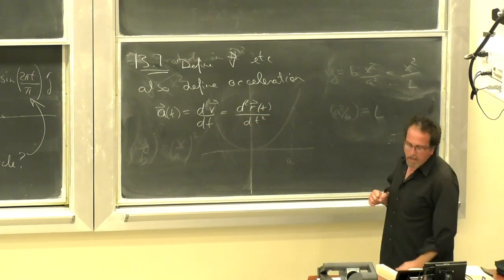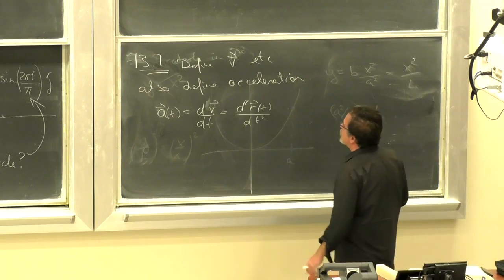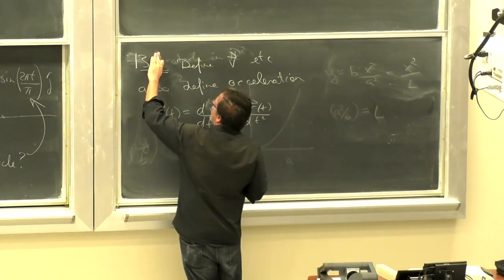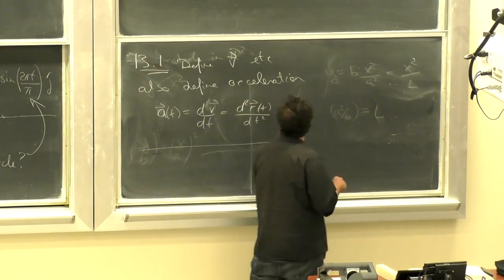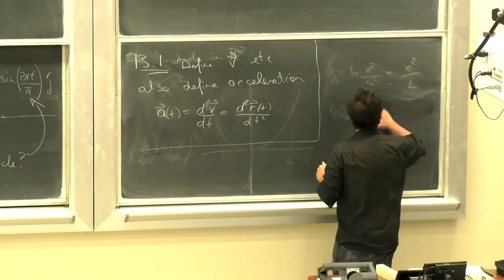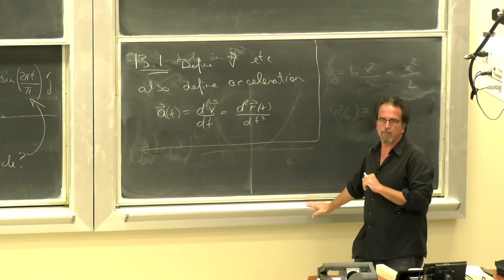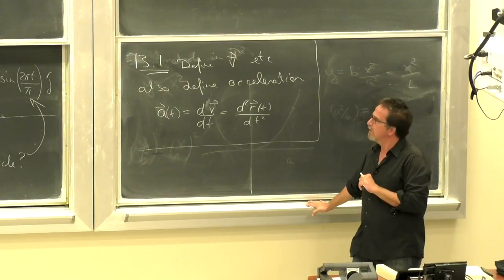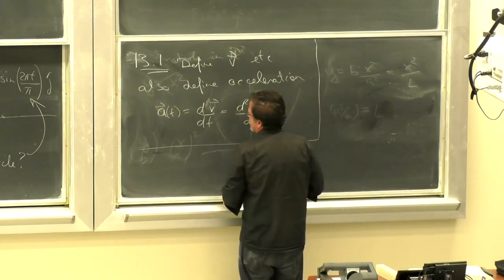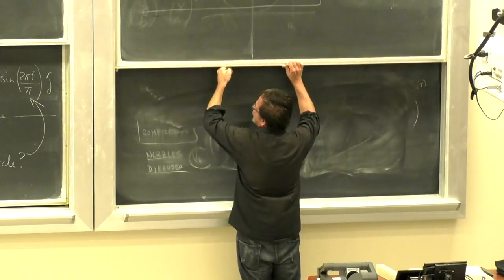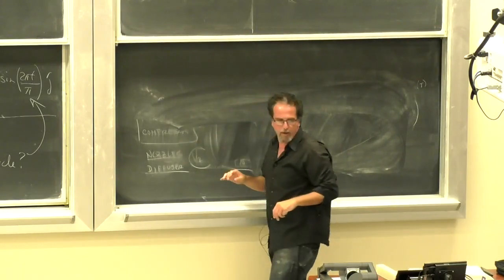Okay? And we're going to talk about the geometry of acceleration when we study properties of curves and curvature before the end of this section. But one of the things they want to talk about is, let's just learn some basic calculus operations.